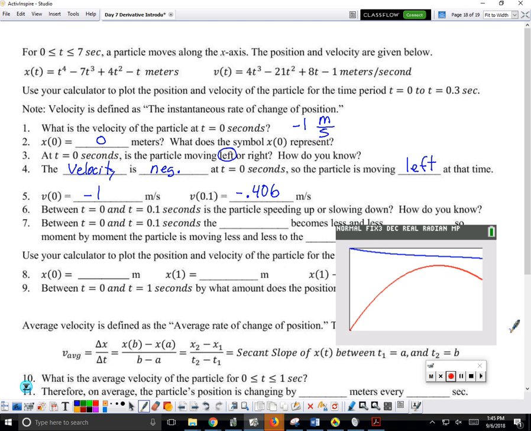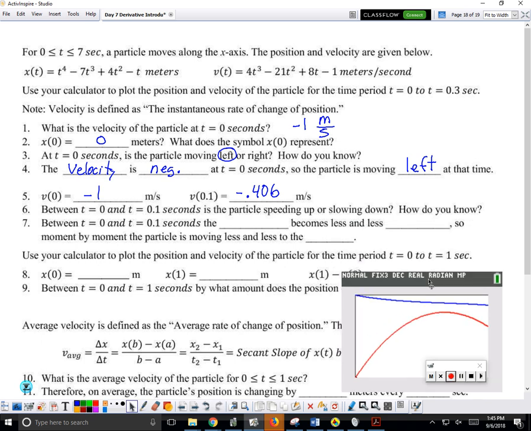Okay, next thing. So this just says between this time, the velocity becomes less and less negative. So moment by moment, the particle is moving less and less to the left.